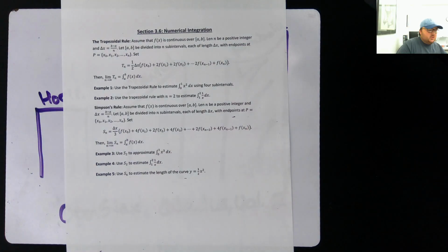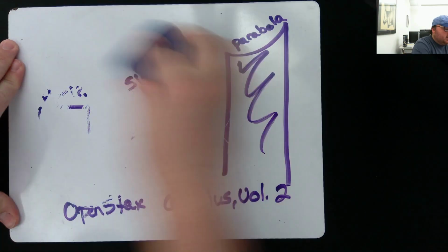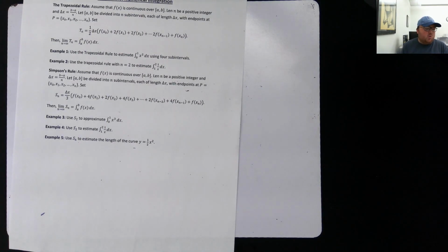So now we are going to use Simpson's rule. Simpson's rule is going to get us even closer. So example number 3, use S2 to approximate the integral from 0 to 1 of x cubed dx. So n is going to be 2.